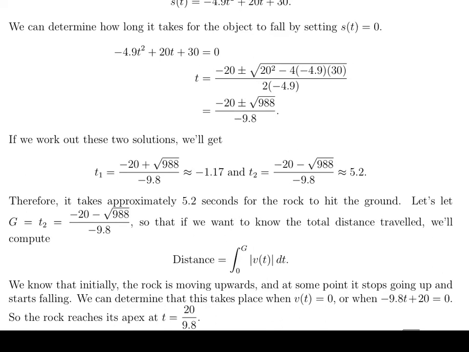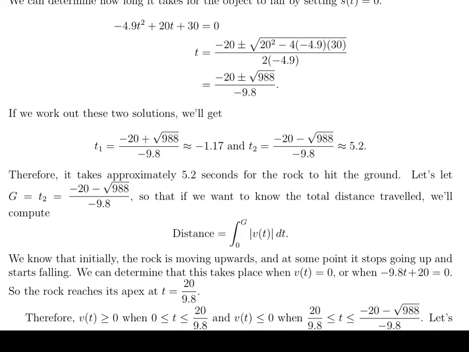Okay, now here's the other piece of information we need. We know that we're throwing the rock up, and then eventually it turns around and starts falling. So we need to find out when that happens. When does it reach its apex, the highest point? Well, at the apex, the velocity is 0, so we'll just set our velocity function equal to 0 and solve for t, and we just get 20 over 9.8.